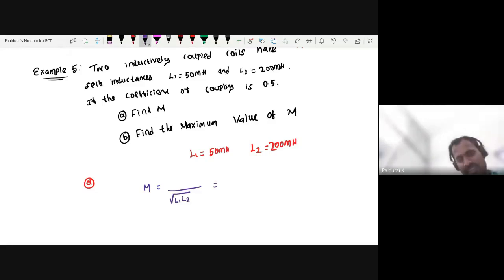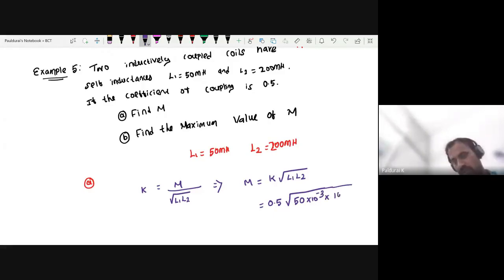Okay, okay. So I am looking for M, right? So from this, M equals K times square root of L1 L2, where K equals 0.5, L1 equals 50 milli, and L2 equals 200 milli.